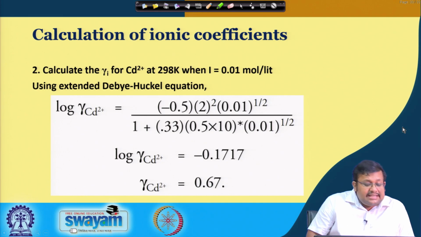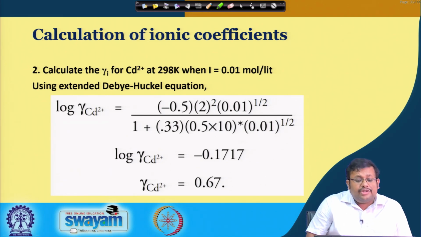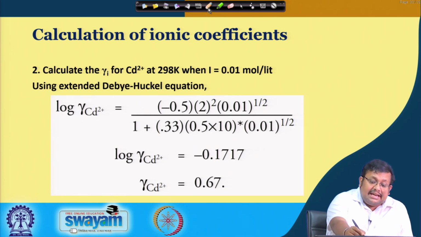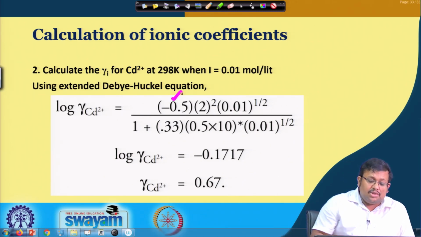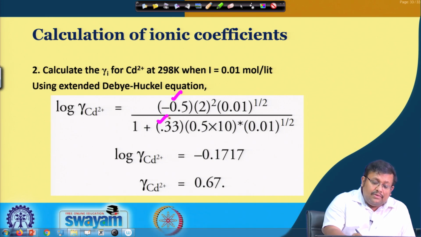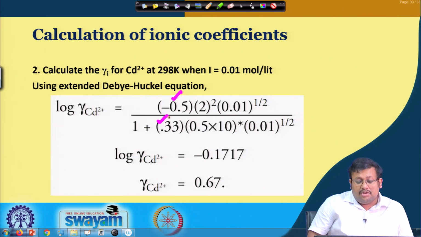Now, another question is calculate the activity coefficient for cadmium 2 plus at 298 Kelvin when the ionic strength is 0.01 mole per liter, and we can use the extended Debye-Hückel equation. We can input those values. We know that minus A, that means it is basically 0.5. We are using the default values of 0.5 for A, and for B we are using the value of 0.33.